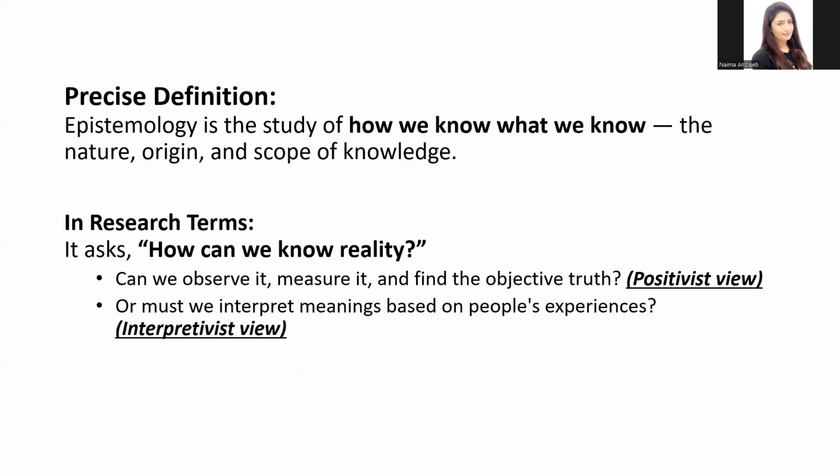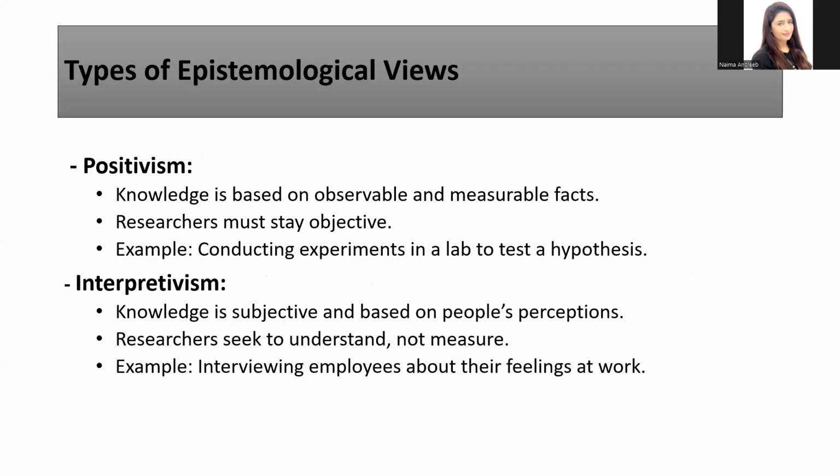The positivist and interpretivist approaches are the two approaches of epistemology. The ontology was about the view, epistemology is about exploring that view, and positivism and interpretivism are two types of exploring those views.